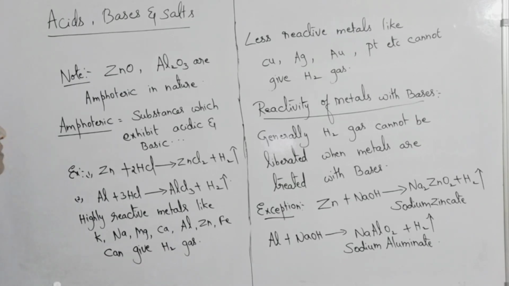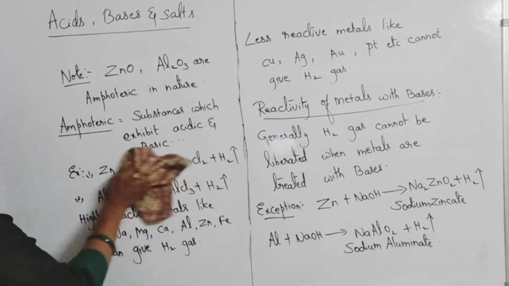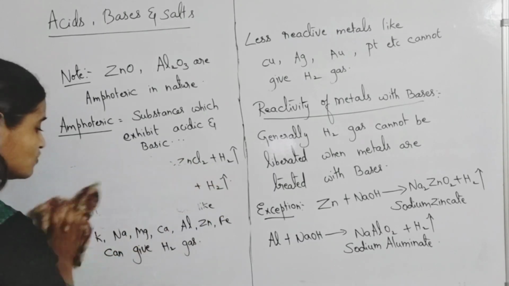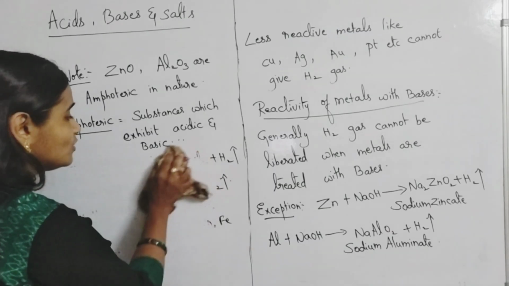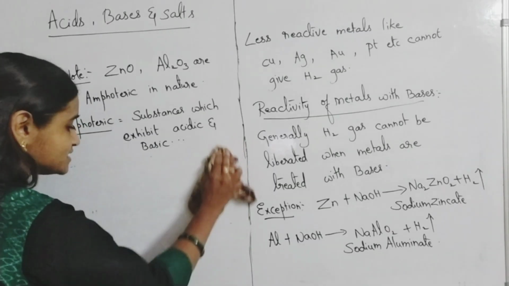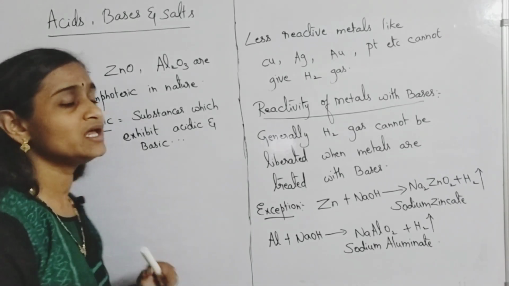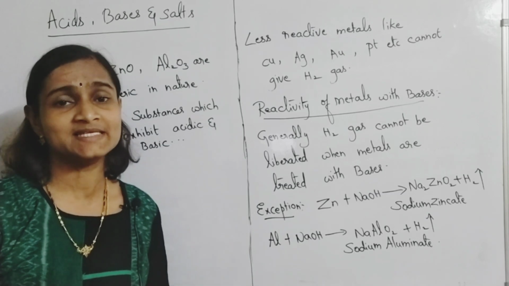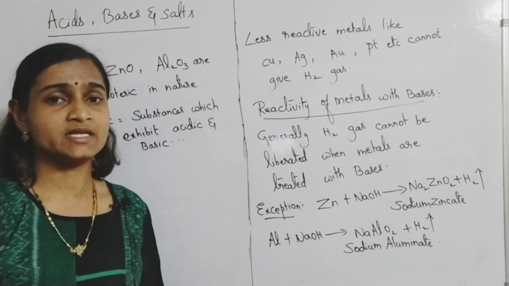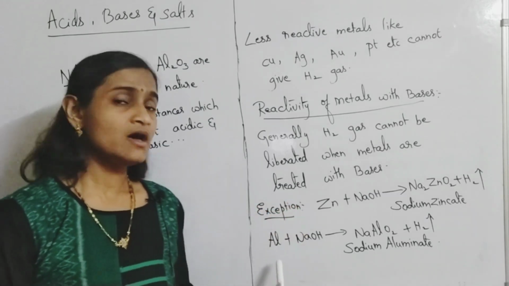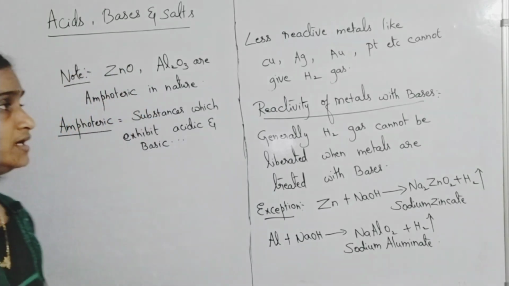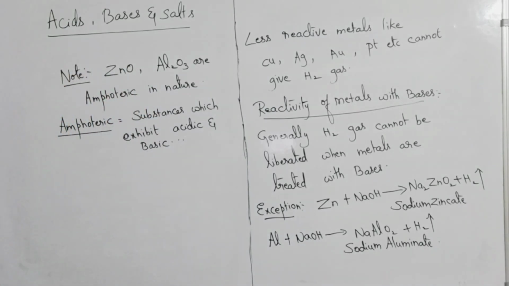So zinc oxide and aluminium oxide are amphoteric in nature, and those two metals can react with sodium hydroxide and give hydrogen gas. The remaining metals cannot react with bases and cannot give hydrogen gas except zinc and aluminium. Please remember this point. So this is about reactivity of metals with acids and bases.